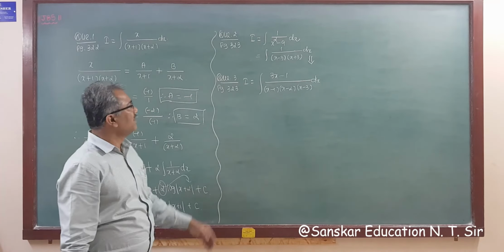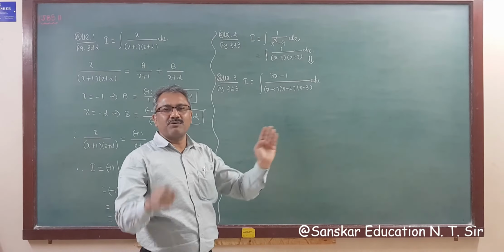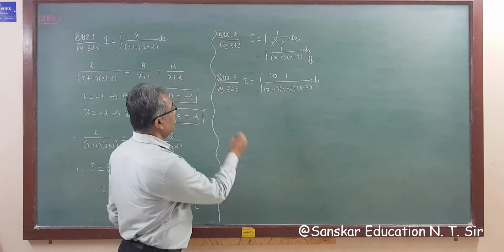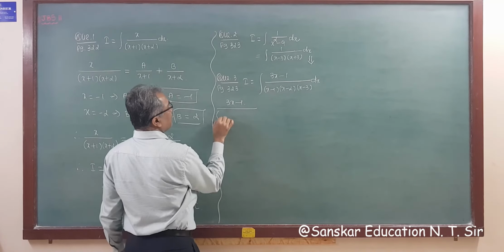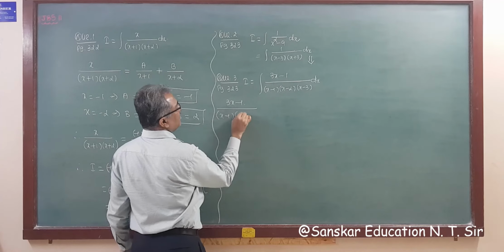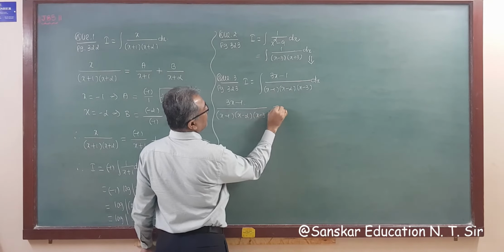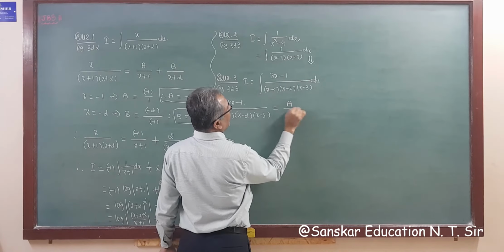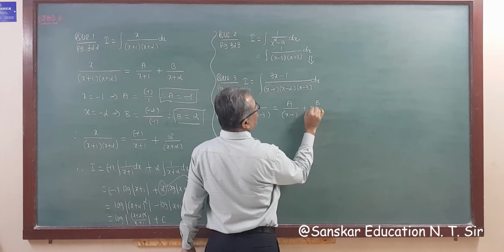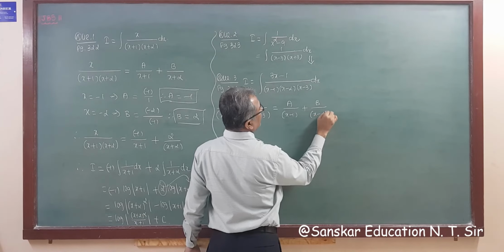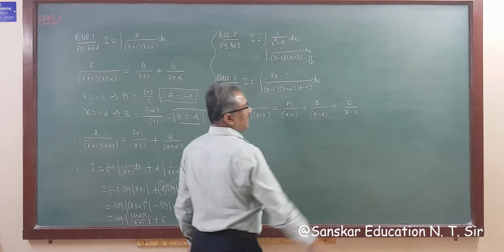Okay, now similarly, the next question has linear factors, but 3 factors, so we have to take A, B and C, right? So (3x minus 1) upon (x minus 1)(x minus 2)(x minus 3) is equal to A upon x minus 1 plus B upon x minus 2 plus C upon x minus 3.